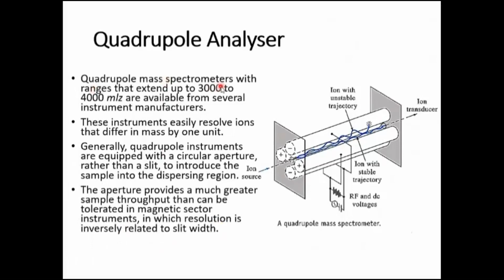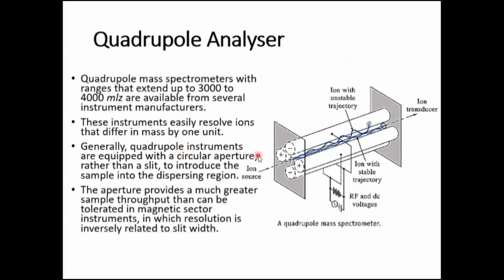Quadrupole mass spectrometers with ranges that extend up to 3000 to 4000 mass by charge are available from several instrument manufacturers. These instruments easily resolve ions that differ in mass by 1 unit, so they are very sensitive.